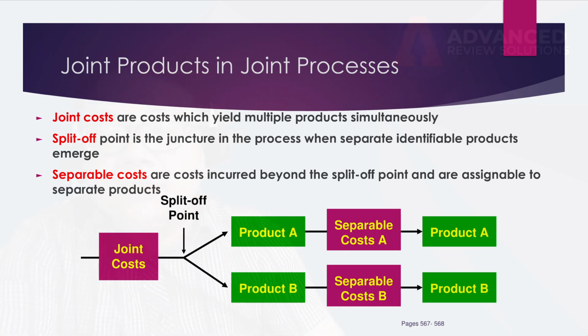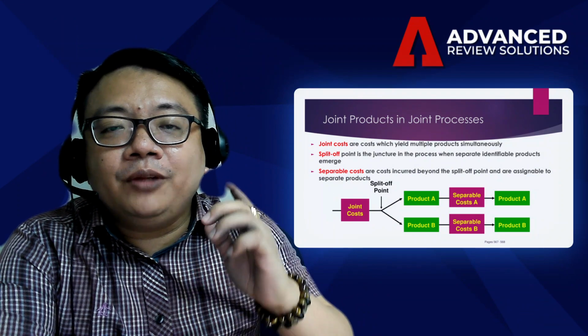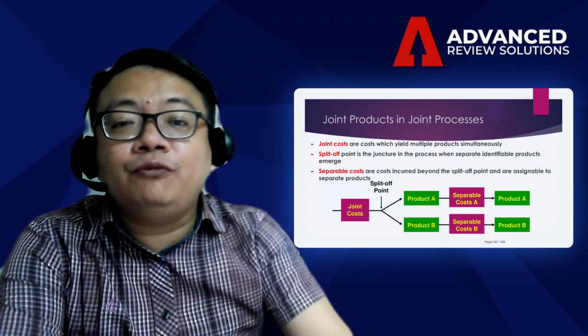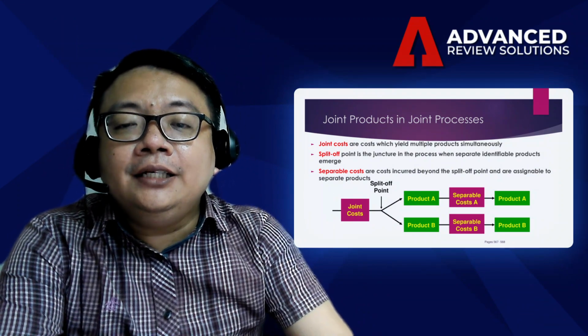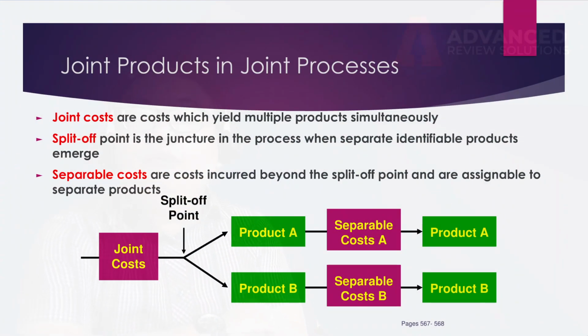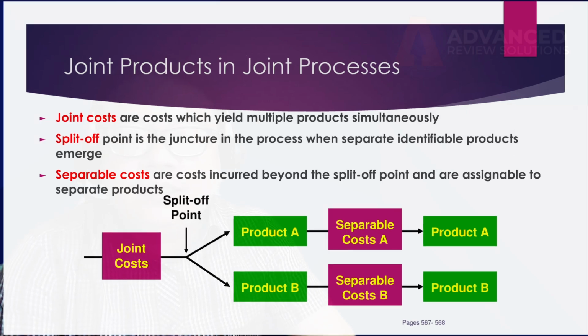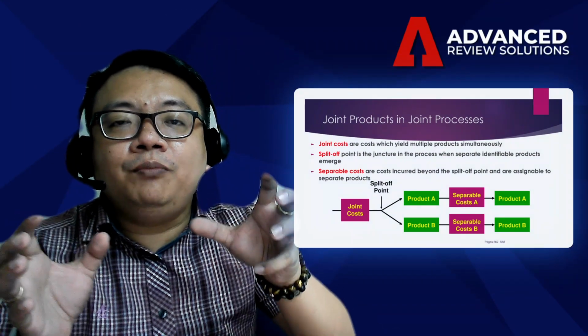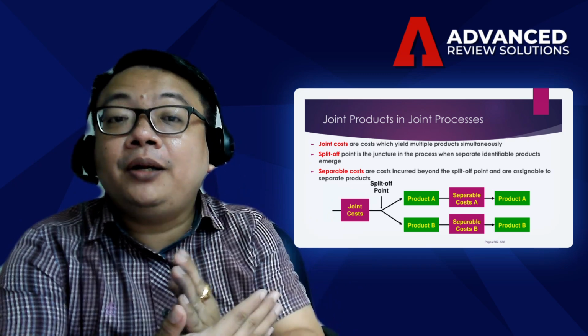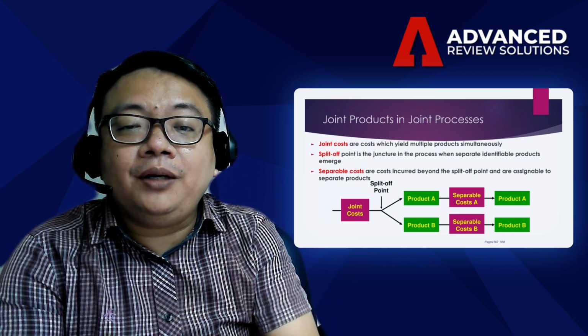And very important here, when we say joint product, you have what you call split-off point. So what do you mean by split-off point? It is the juncture in the process when separate identifiable products emerge. Meaning to say, at the split-off point, there would be a separate identifiable product.